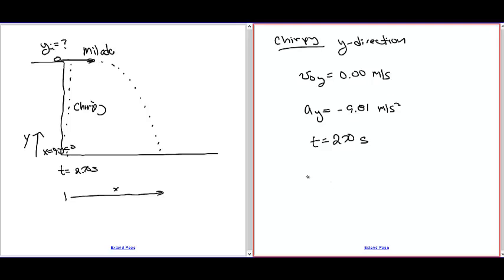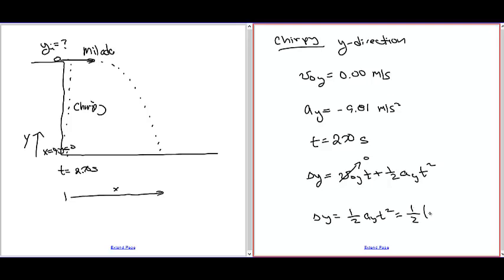So if we want to calculate delta y, we could use delta y is equal to v0y t plus 1/2 a sub y t squared. In this case, v0y is 0, so it just simplifies down to delta y is 1/2 a sub y t squared.